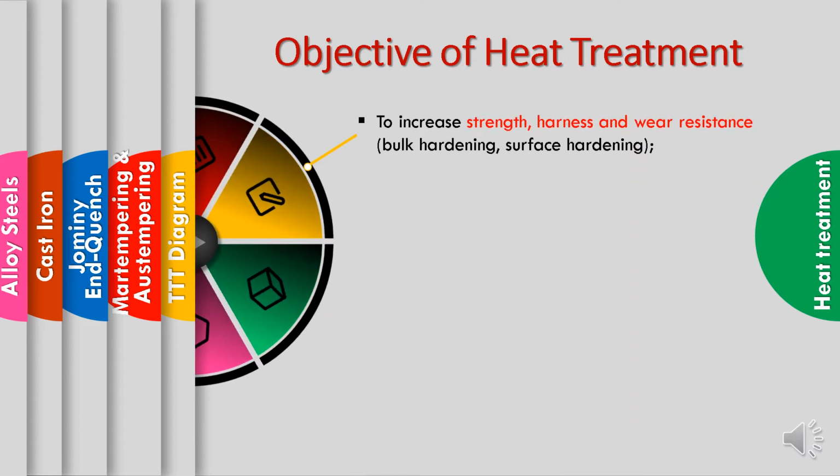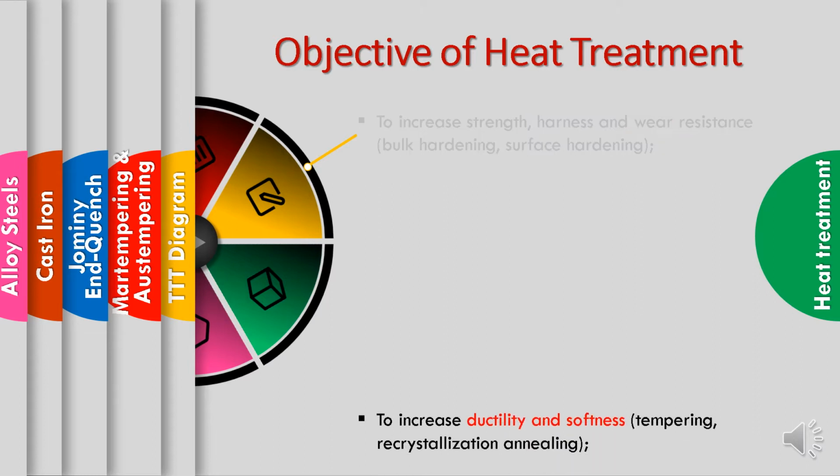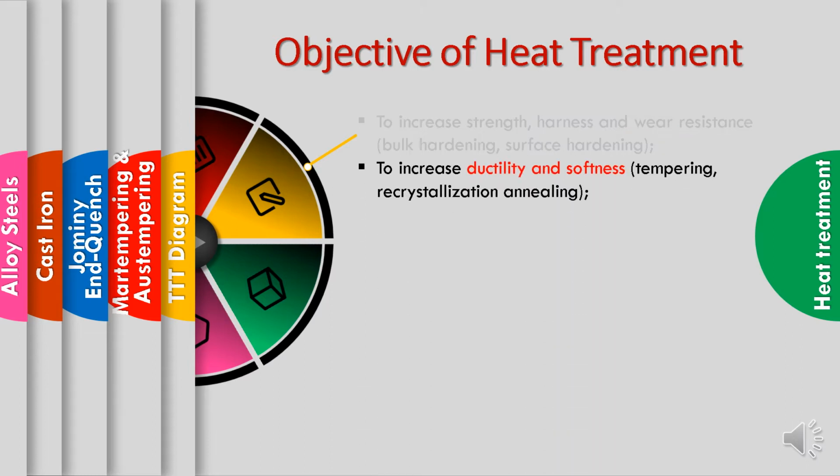Actually, the objective of heat treatment is to strengthen the material, harden and make it wear resistant, especially for bulk hardening and surface hardening, and then to increase ductility and softness.